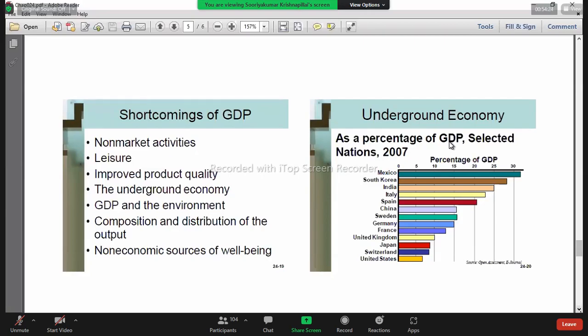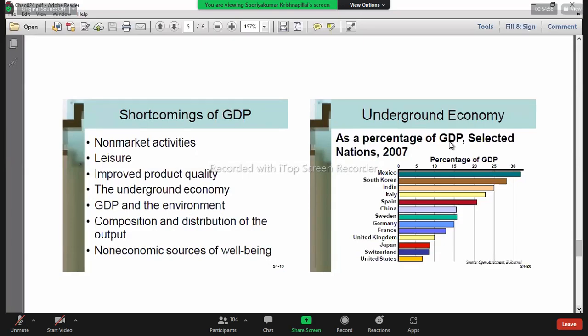That will not reflect the well-being of the people. If the poor get less and less and the rich get more and more, then we cannot say that the country's well-being and living standard is increasing. We cannot say that. With this modern growth, disparity is increasing.